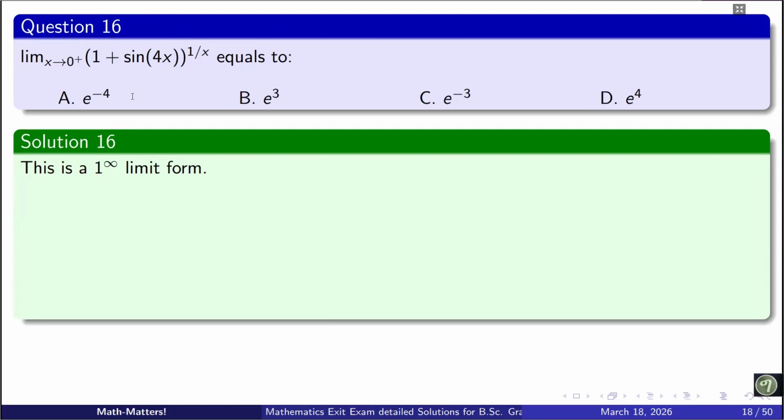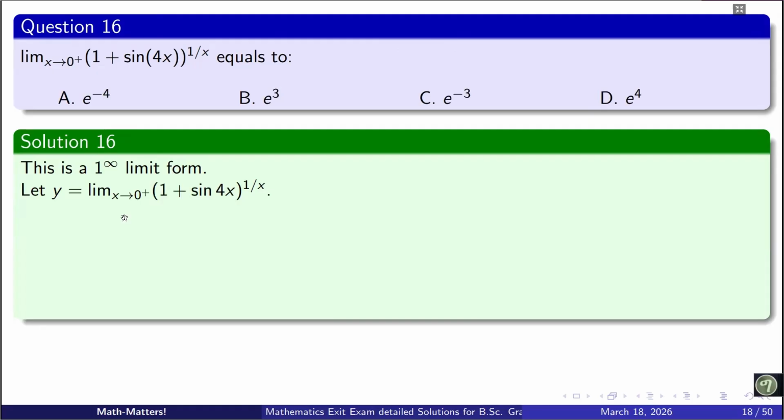So in order to determine the limit of this function as x approaches 0, we have to convert this form into either a 0 over 0 or infinity over infinity indeterminate form.